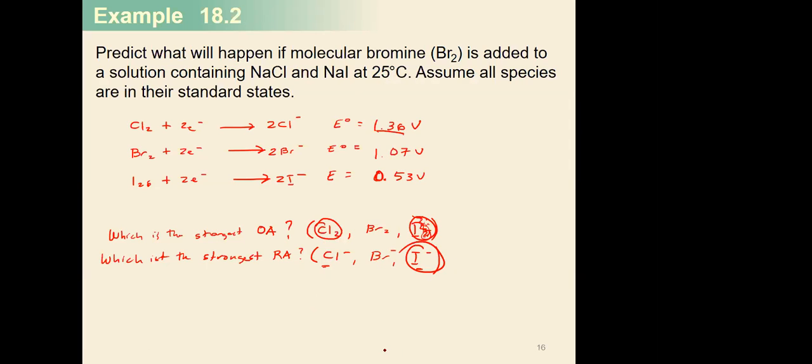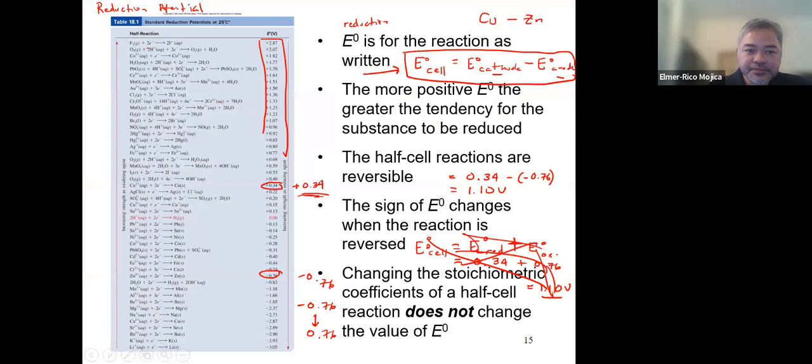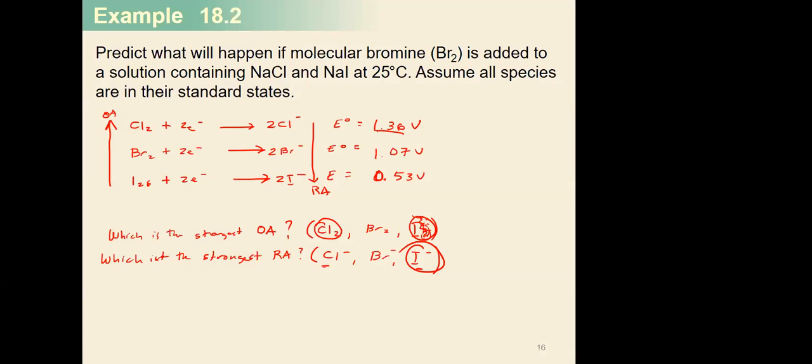Yeah, it's I minus. Remember, if I write this here, this is the increasing OA, and this is the increasing RA, because that's what it is in the table. Okay? Are you clear on that? If I ask you a multiple choice question about this one, can you assure me of 2 points there?